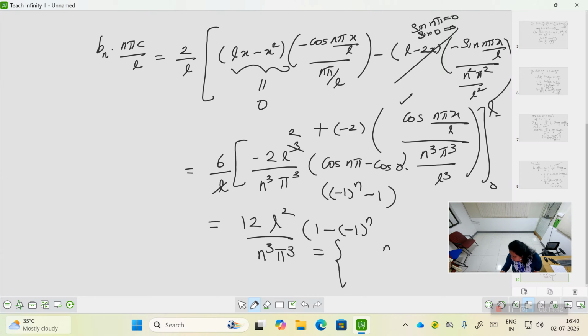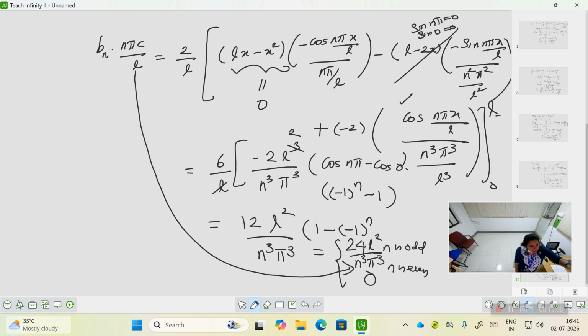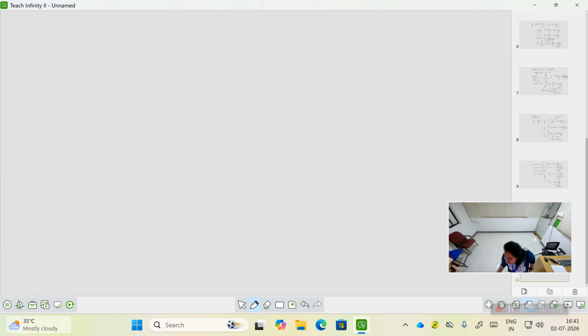As you know, we have to give two values: n is odd and n is even. So n is odd means what value you are getting? 24 L square by n cube pi cube, and for n is even you are getting 0. So from here we are getting this value. So actually we have to bring this term to the other side.